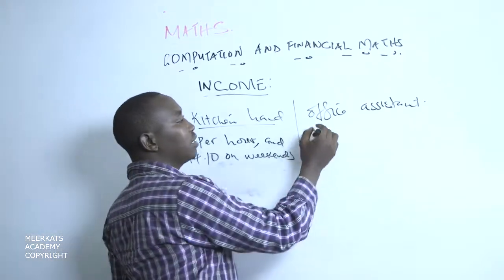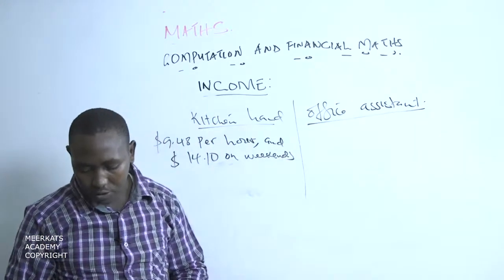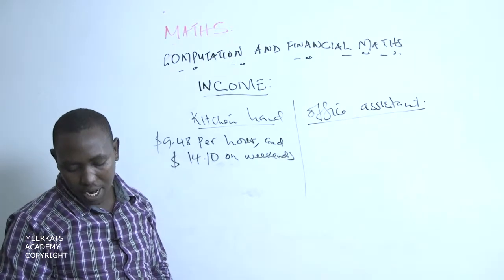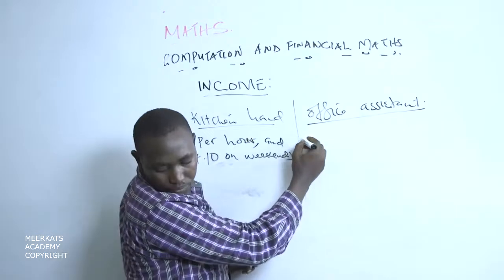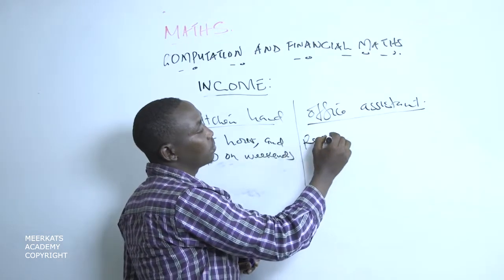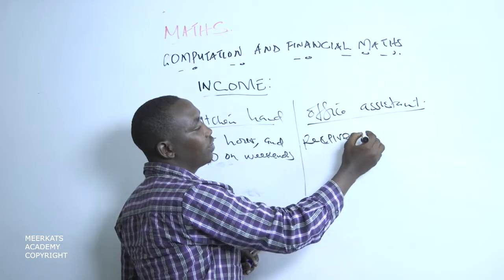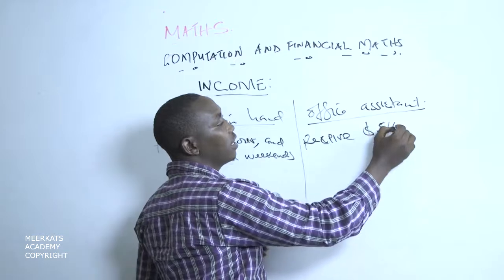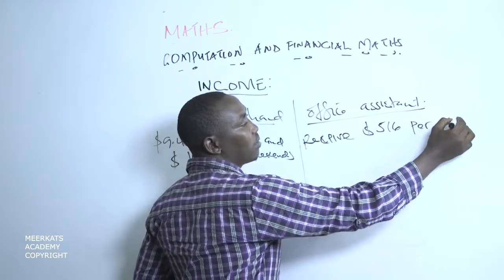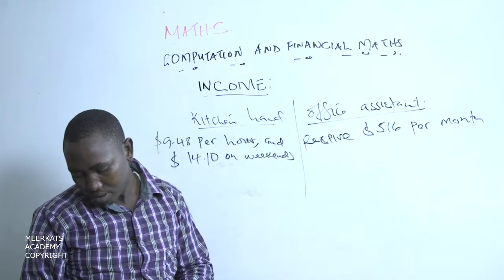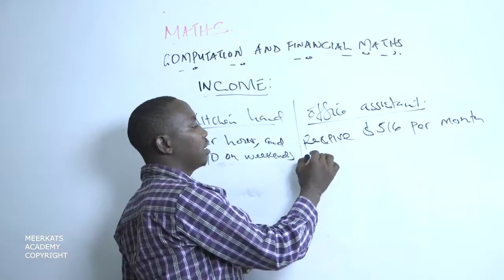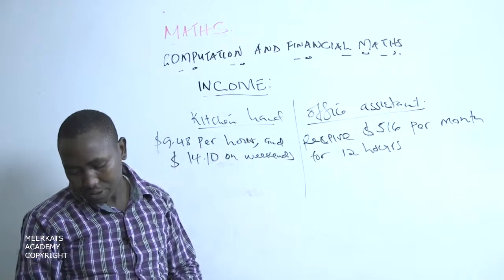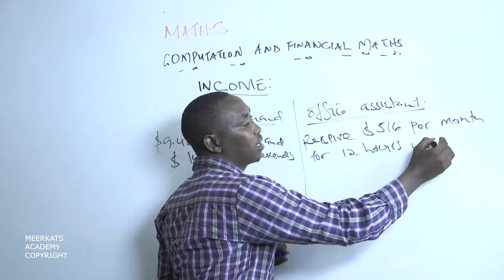While being an office assistant will attract an income of 516 US dollars per month. So this one will receive 516 US dollars per month for 12 hours work per week.